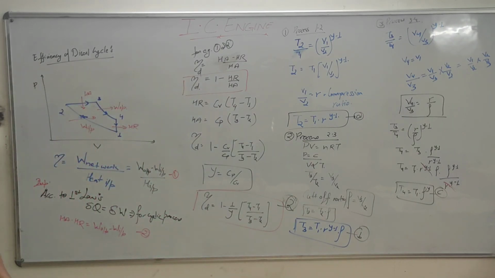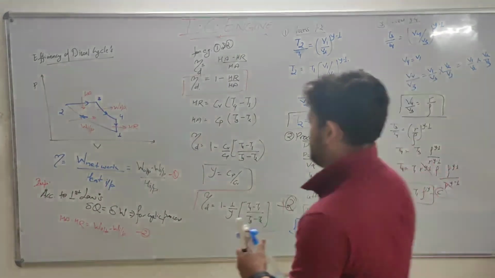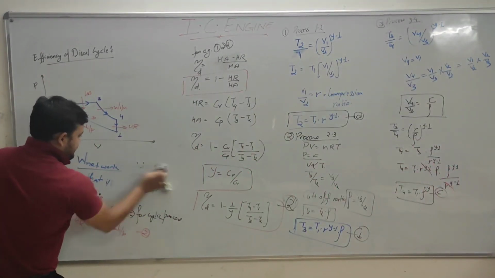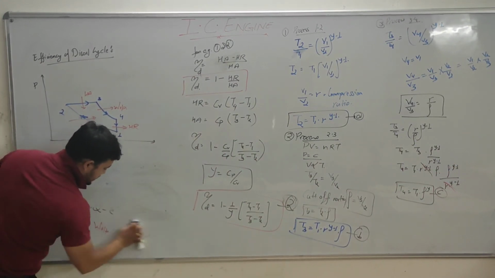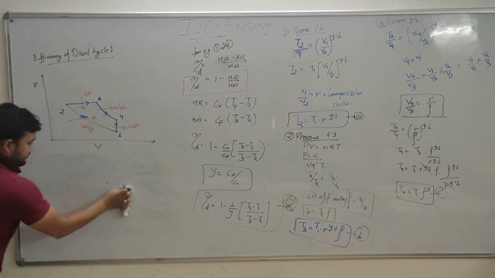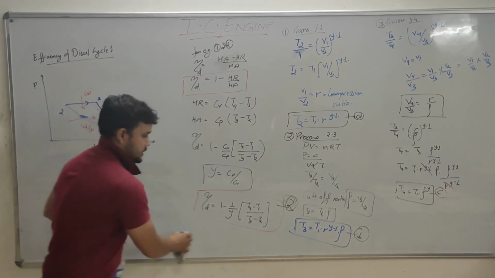So what we will do now? We will put the values of T2, T3 and T4 in equation number 2.